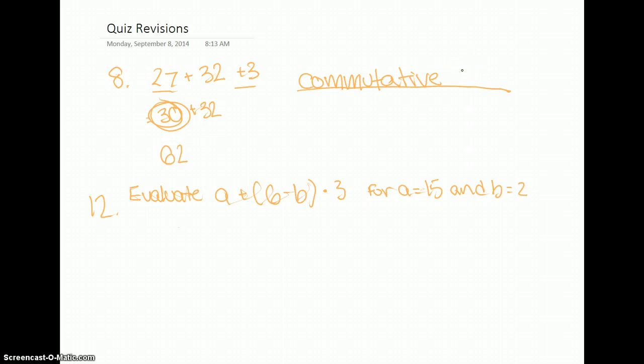The second problem I got wrong was number 12. I was supposed to evaluate a plus 6 minus b times 3 if a equaled 15 and b equaled 2. So I'm going to start by rewriting the problem. It's going to be 15 plus 6 minus b.